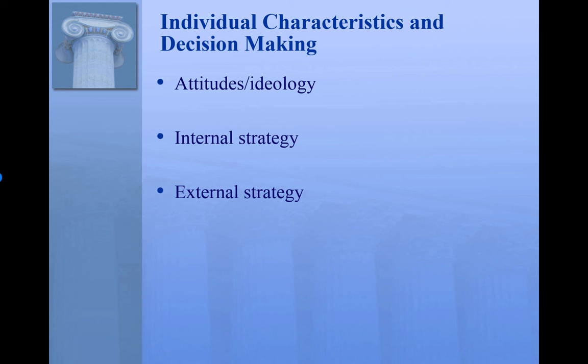Finally, there are strategic concerns on the court. Strategic concerns simply refers to the fact that people behave differently in groups. Let me give you an example. Let's say you are a conservative justice who wants to limit the power of the states to regulate guns. You have a choice in any particular case. You can stick to your principles and end up in the minority much of the time, or you can moderate your position so that it is more acceptable to some of your other less conservative justices.